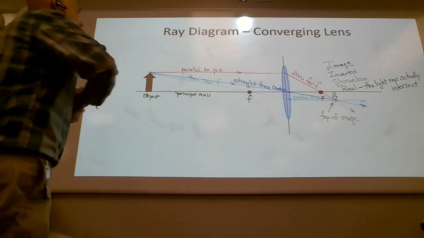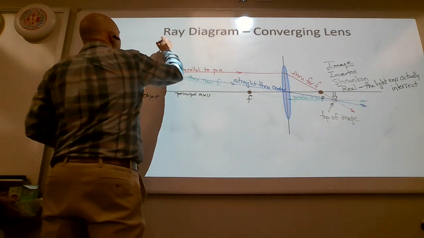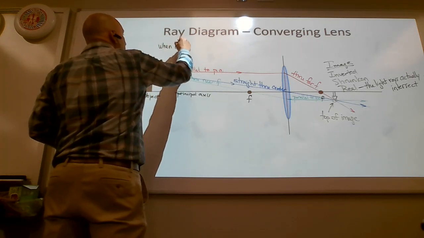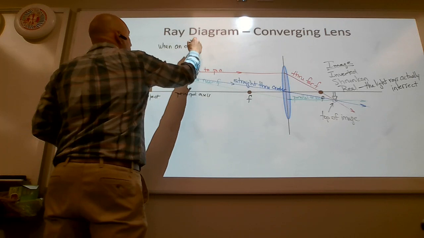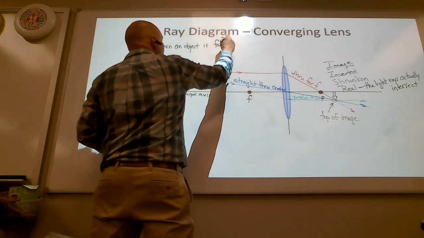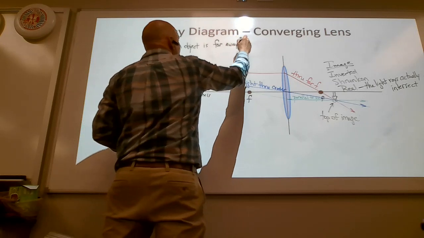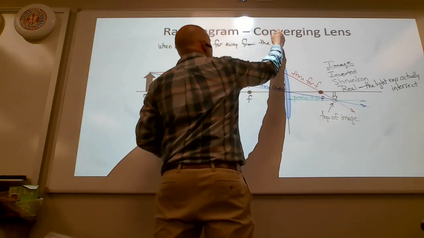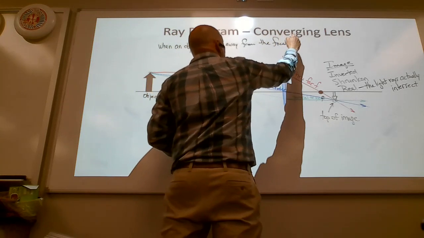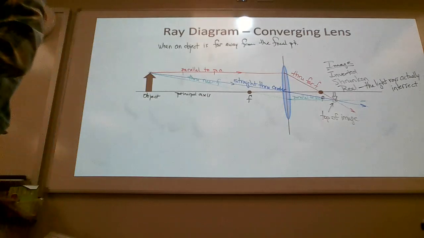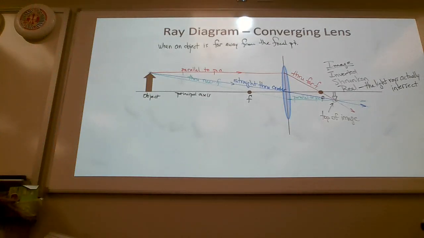So this is when an object is far away from the focal point. And the object is far away from the focal point.